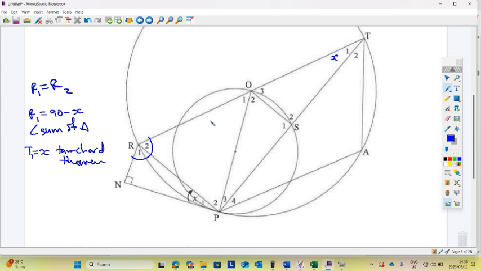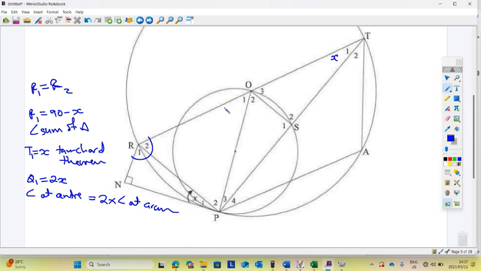And then from there, we have the angle at the center. Remember, O is the center, and O1 and T1, both of them are subtended by this chord RP. So this angle here is 2 times bigger than that angle. So we are saying from there, O1 is equal to 2x, and the reason for that, angle at center is equal to 2 times angle at circumference.